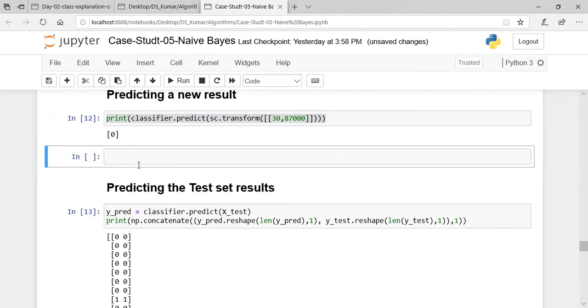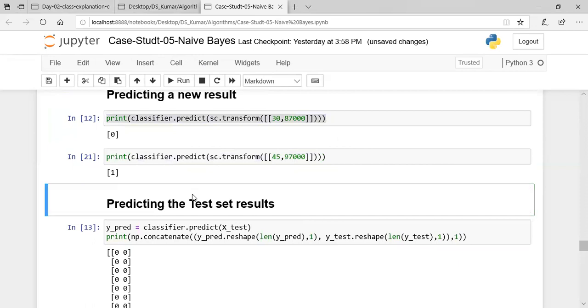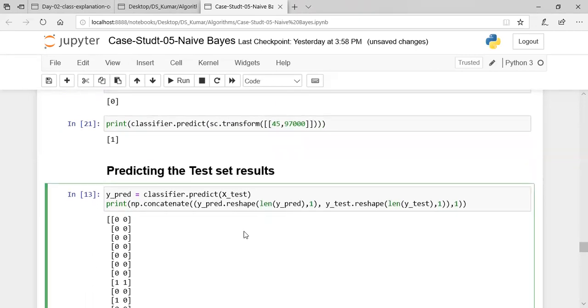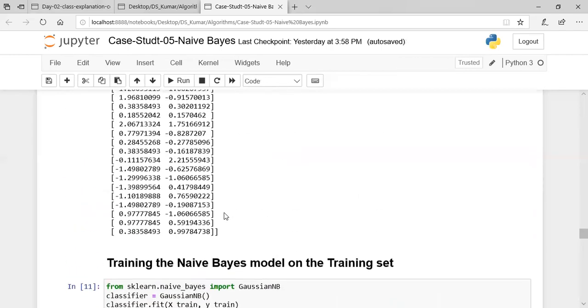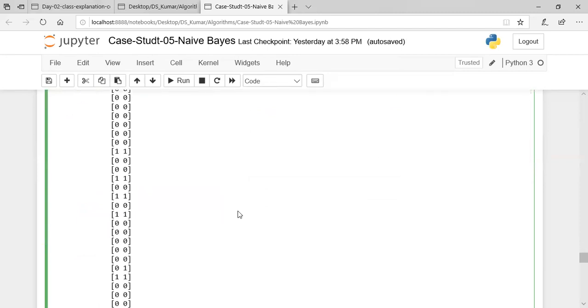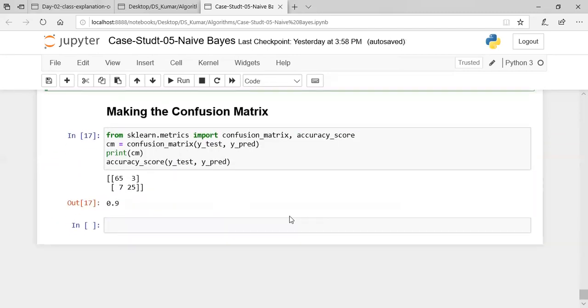This time I'm taking the value as 45, and I give this. That means it is saying, yes, the person is going to purchase. So either I can check case by case, or else I can give my model an appropriate data set like this, so that I can come up with the accuracy as well as the prediction.